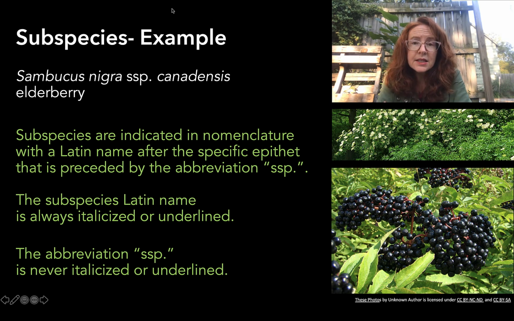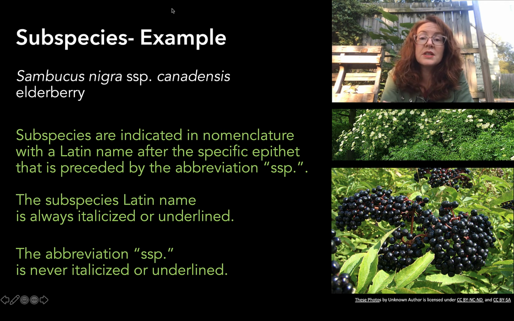So we indicate subspecies in the nomenclature with a Latin name that is preceded by the abbreviation ssp. with a period. And I want to call your attention to this because there's a little point of possible confusion here. The abbreviation ssp. indicates subspecies.